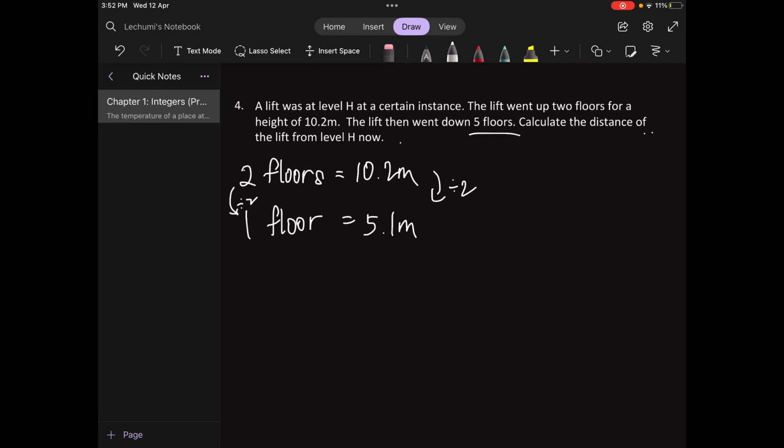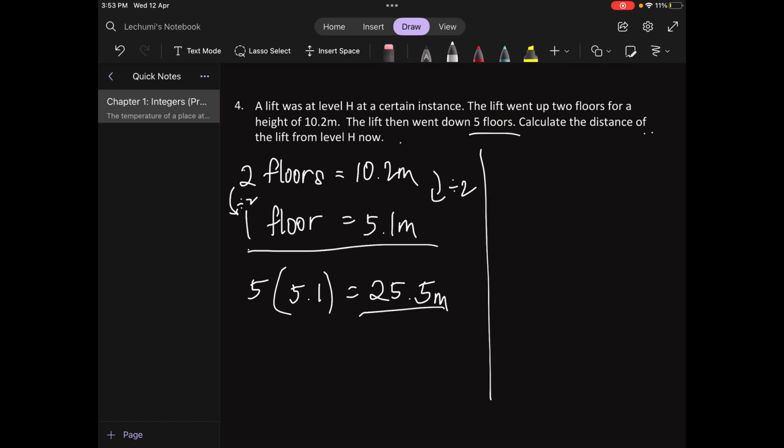So here is where what we have figured out from the first part of the information will help us. 2 floors is 10.2 meters. 1 floor is 5.1 meters. So how much is 5 floors? We are just going to have 5 times 5.1, which we get 25.5 meters. This is the distance the lift went downwards.